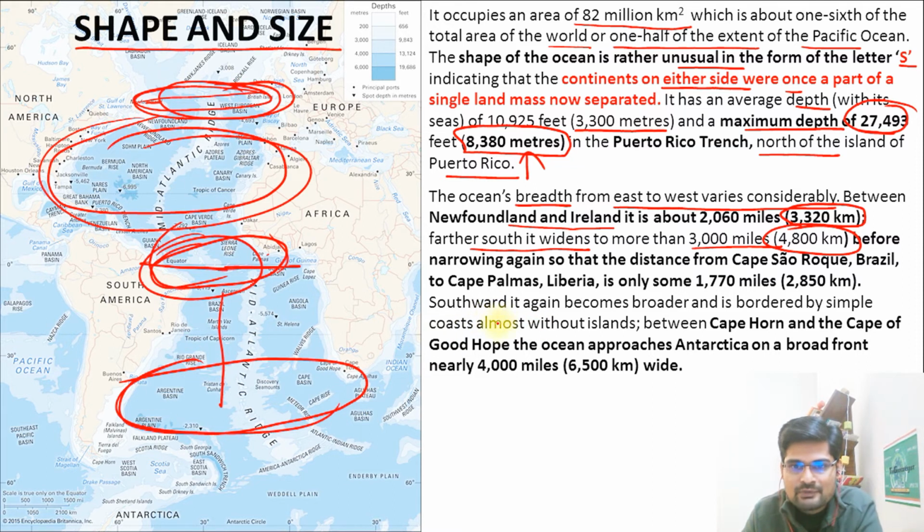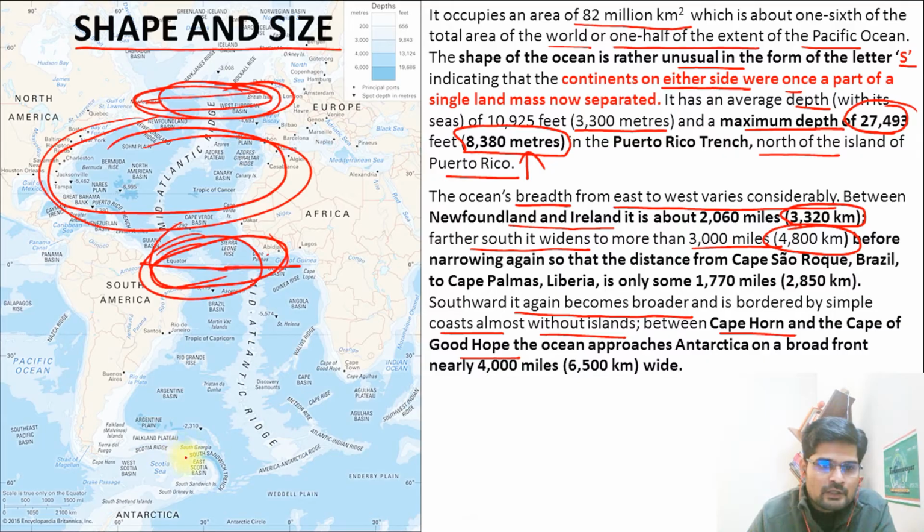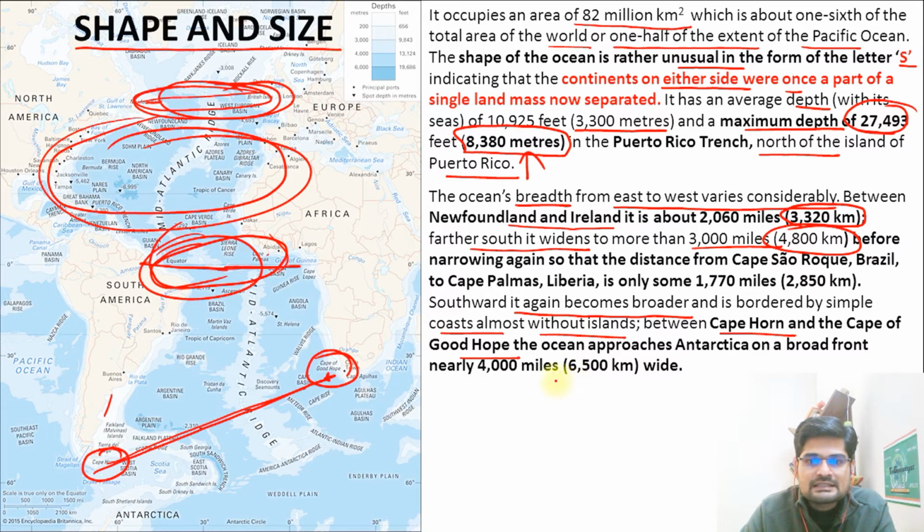And southward, when it becomes broader, it is bordered by simple coasts almost without islands, and between Cape Horn and Cape of Good Hope, between South America and Africa, this particular distance is the widest, about 6,500 kilometers wide. So remember, the least and the most, this is what we need to remember.